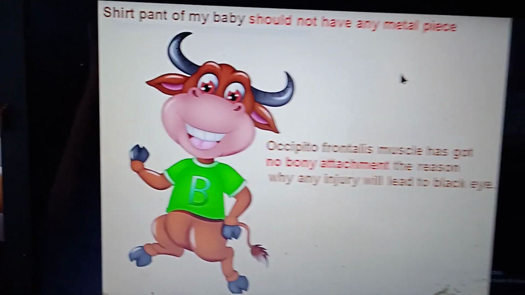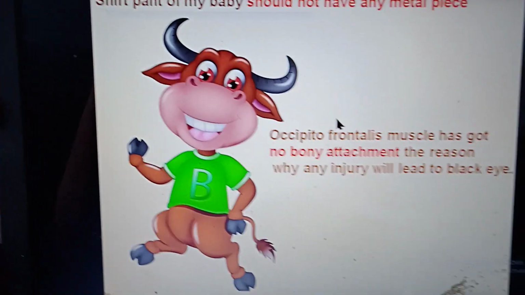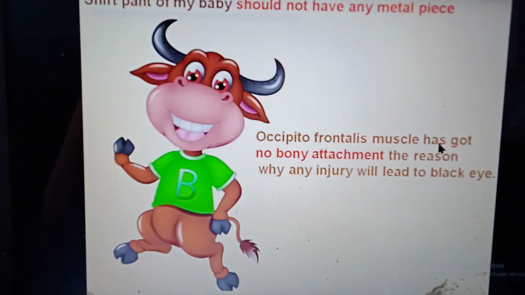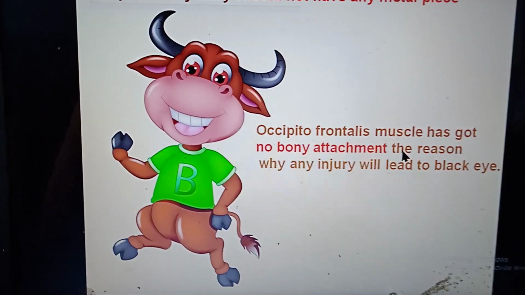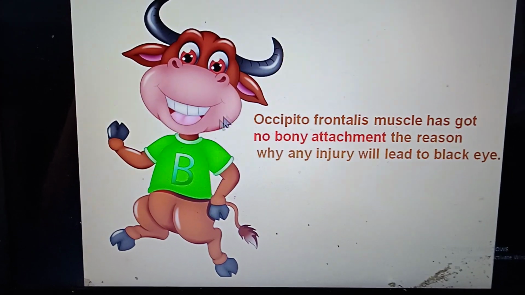Now the shirt and pant of my baby should not have any metal piece, that is the buffalo's wish. So what does it hint to us? The occipitofrontalis muscle has no bony attachment, which I have said earlier. That is the reason why any injury will lead to a black eye.